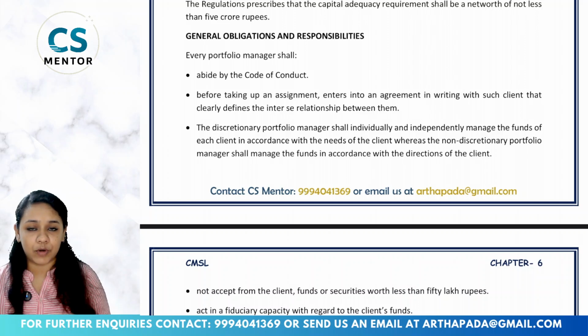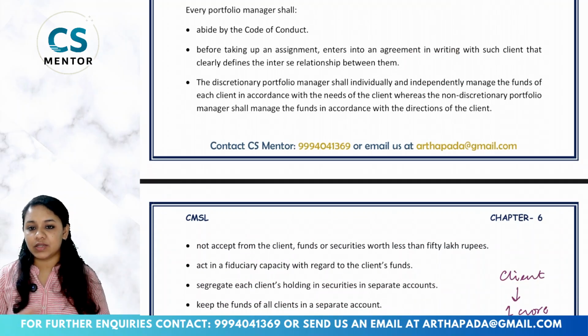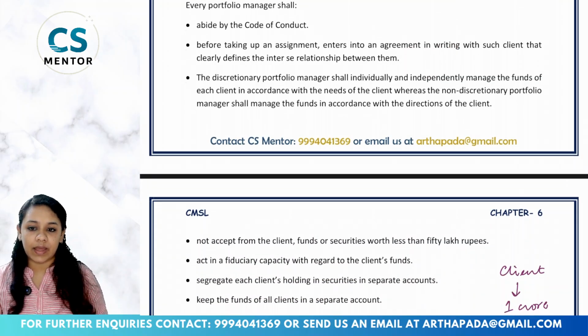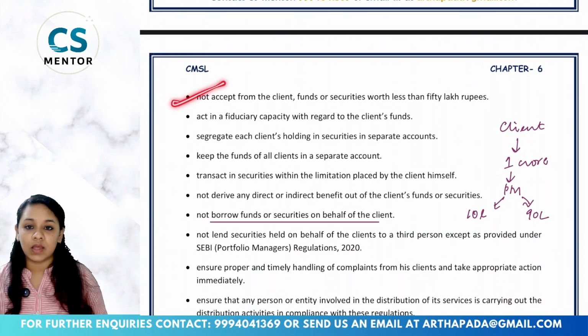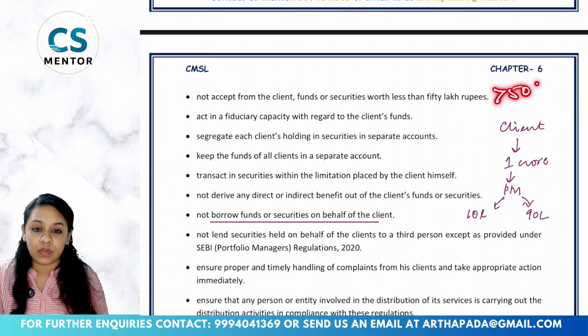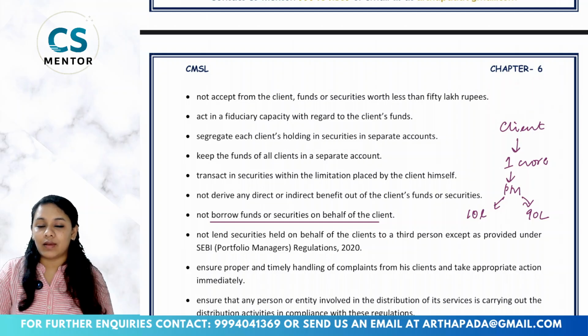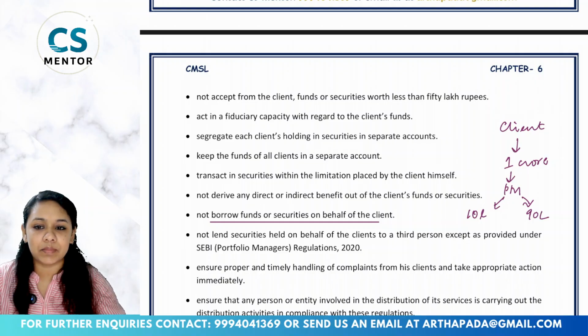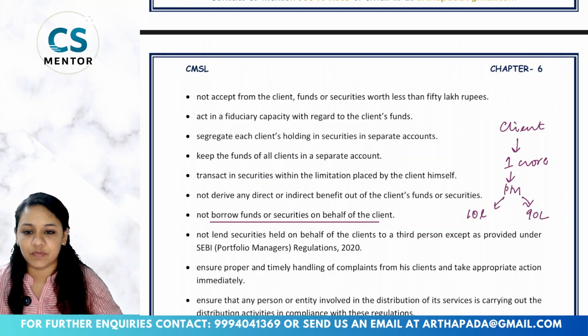So he should have a proper agreement with them. He should manage these things properly. And he should not accept funds greater than 50 lakh rupees from his client. So what I will do is I will take money and I'll give it in the name of different family members, and I'll be like, please manage my funds for me.